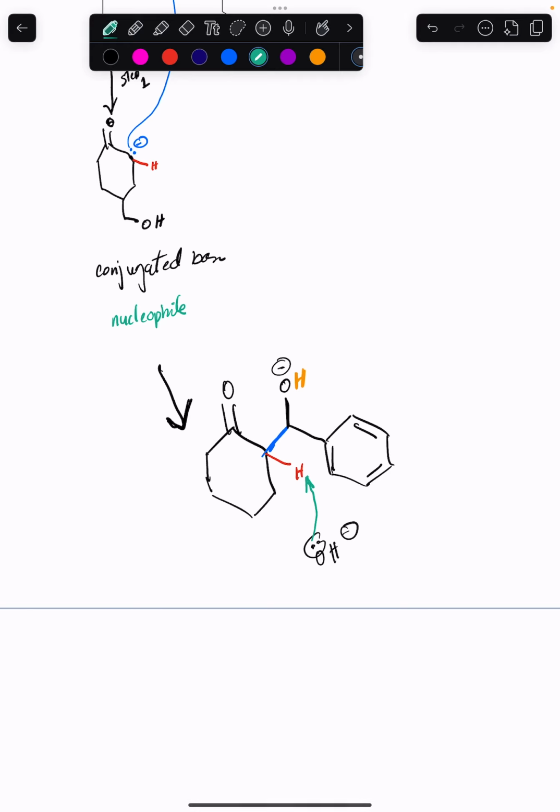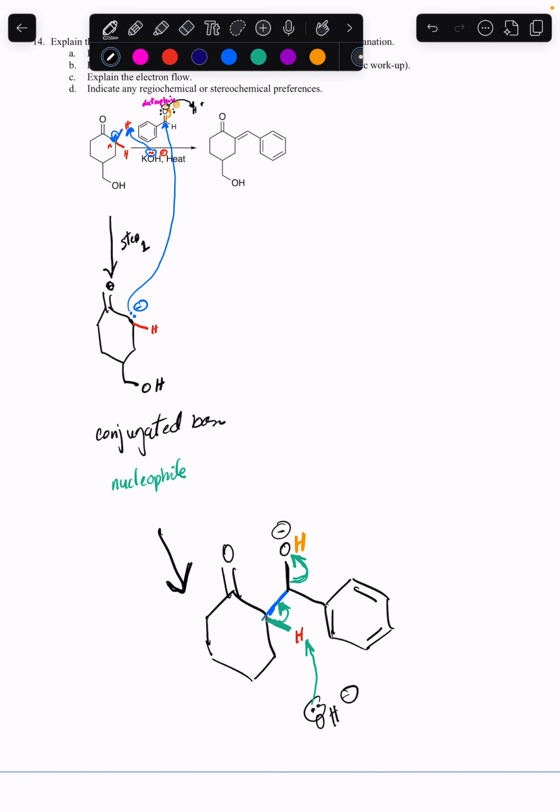This will result in the breakage of this bond, and the electrons from this bond will transfer over here. As this happens, this will cause this to be our leaving group. The electrons from this bond will transfer over this oxygen, and this is going to be our leaving group.